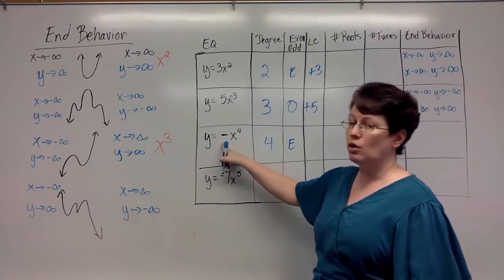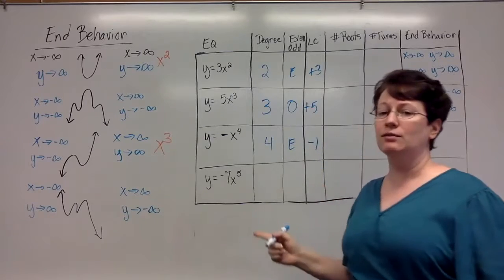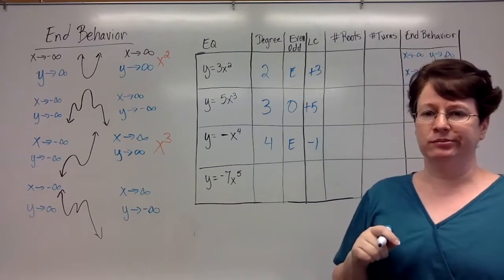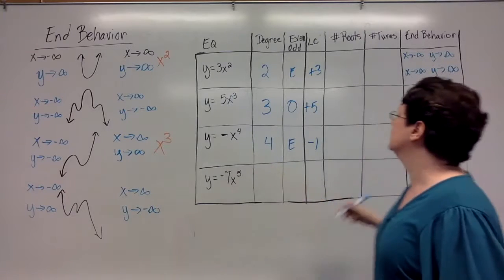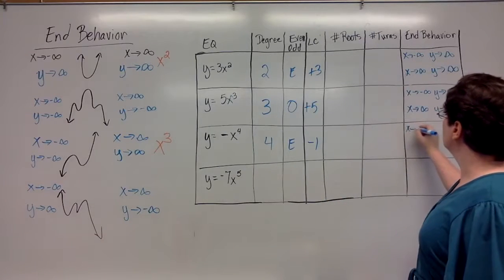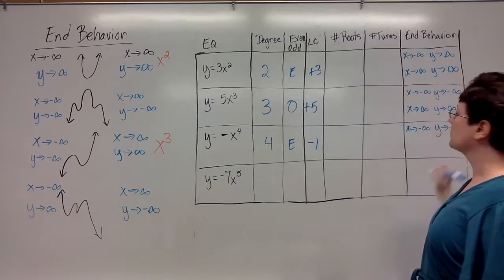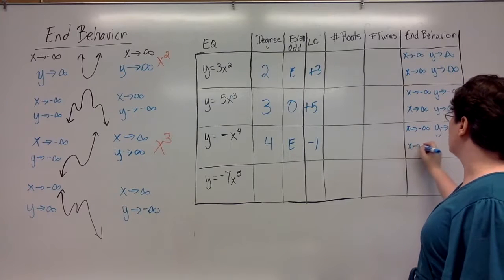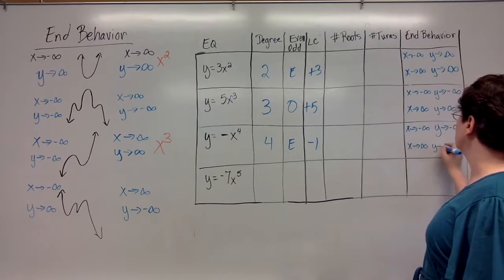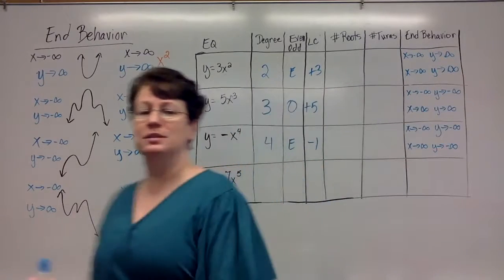Now, what's the lead coefficient? Negative, okay? So negative is which way? Is it up or down? It's down. So now, plug it in into y equals, you'll see, as x goes to negative infinity, what does y do? Negative infinity, okay? As x goes to positive infinity, y goes to also negative infinity because they both go down.